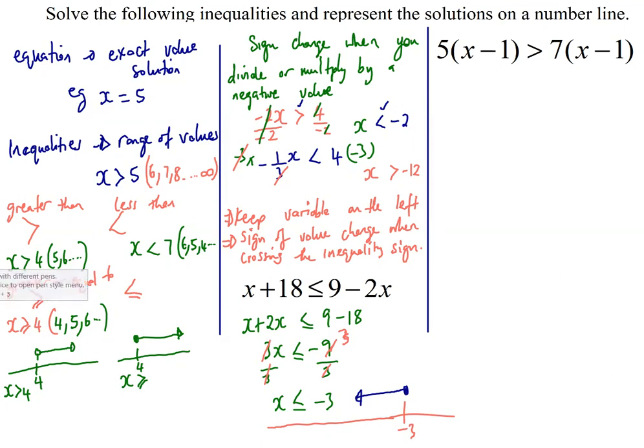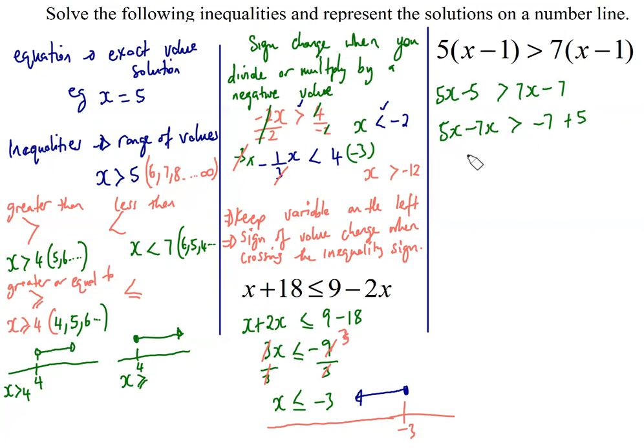Now let's look at the next question that we have. This one here, we first have to remove the bracket. So you follow the rules of solving equations. So 5x minus 5 greater than 7x minus 7. Then remember what I said, you take the variables to the left: 5x minus 7x greater than negative 7 plus 5.